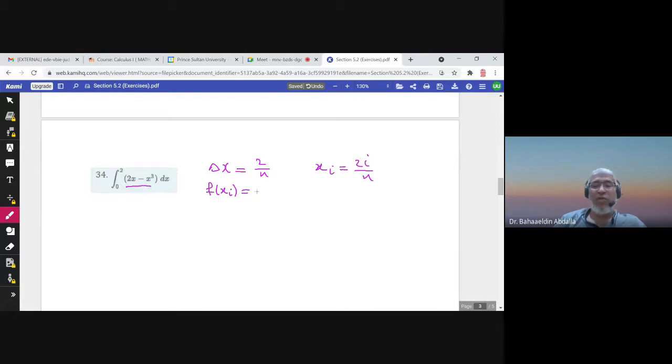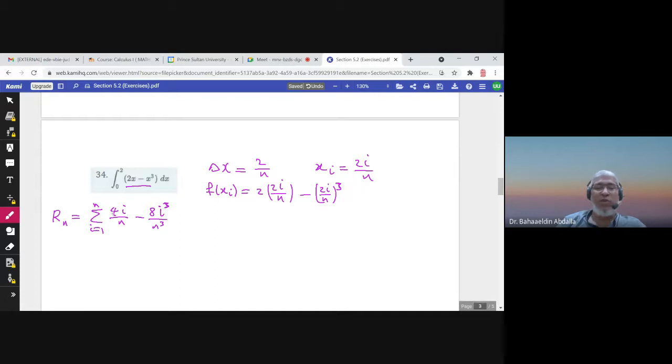So f of x_i would be 2 times x_i, which is 2i over n, minus 2i over n all cubed. So let us find the summation, or R_n, the Riemann sum. It is the summation from 1 to n of f of x_i, which is 4i over n minus 8i cubed over n cubed.